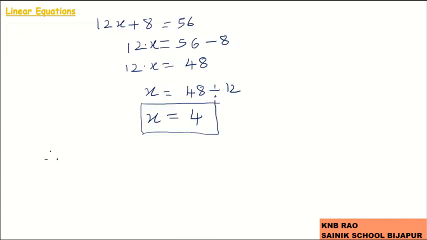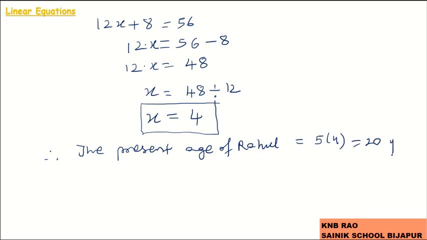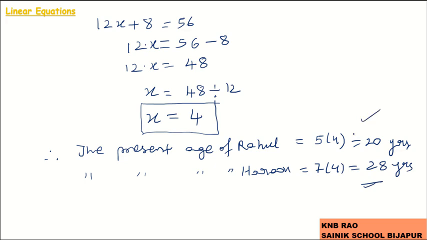Therefore, the present age of Rahul, 5 times 4, is 20 years, and the present age of Harun is 7 times 4, which is 28 years. So, this is how we conclude.